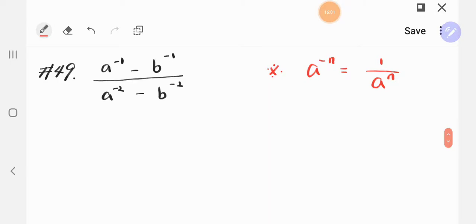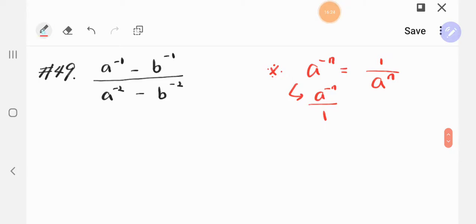So you can change the negative exponent to positive by moving the exponent to either numerator or denominator. So actually this is equal to a to the negative nth power over 1. So we can move the numerator to the denominator so that the exponent becomes positive.